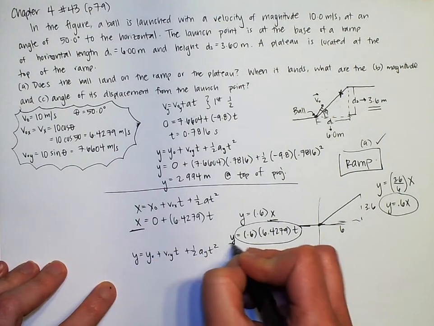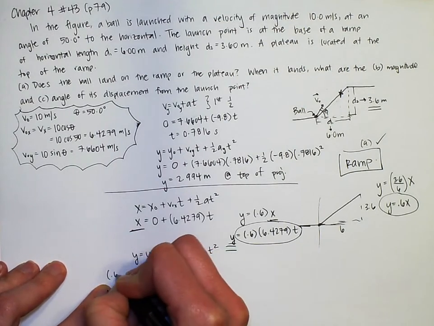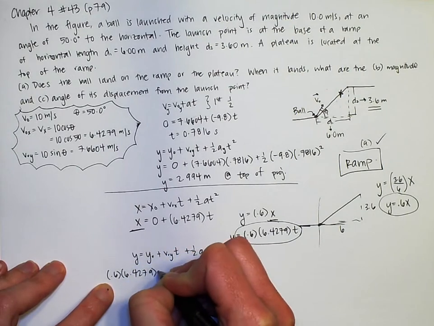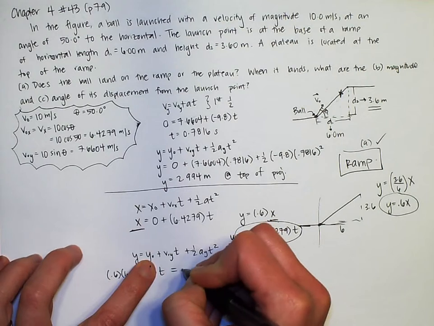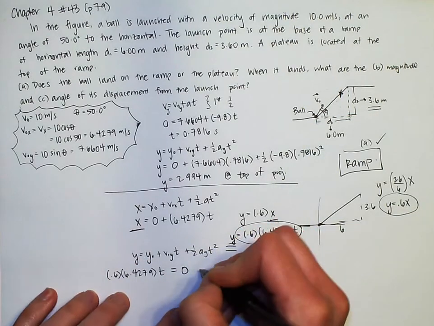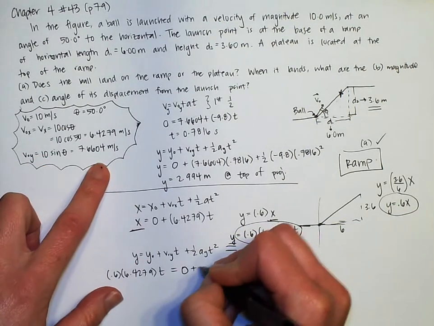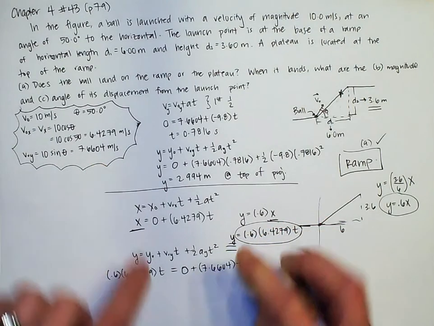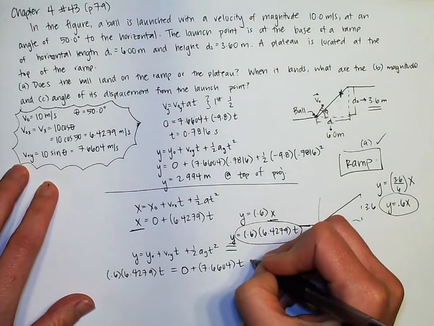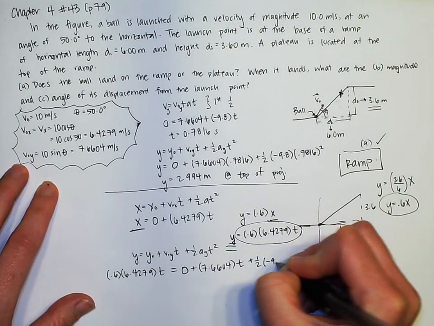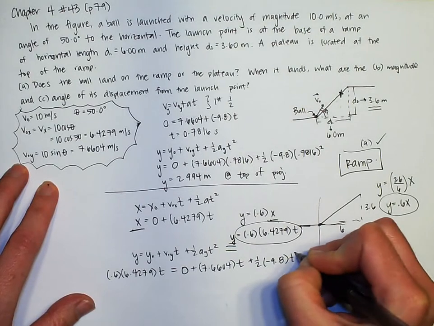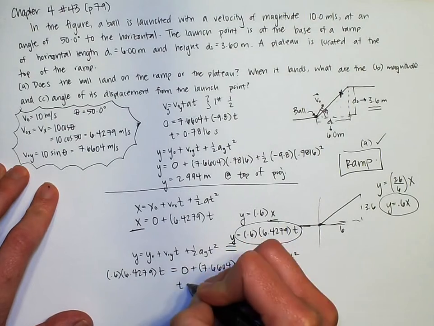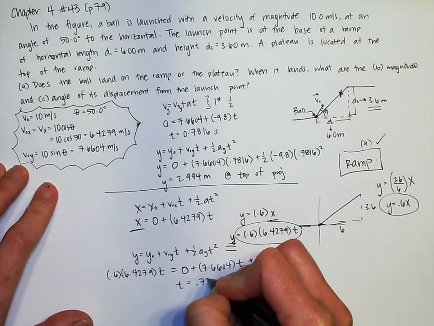So I will plug in this y, which is 0.6 times 6.4279 t equals y naught is 0, because that's starting right there, plus v naught y, that's right here, 7.6604 times time, and this time is the same as each other, plus 1/2 negative 9.8 times time squared. And so from here, you can solve for your t.